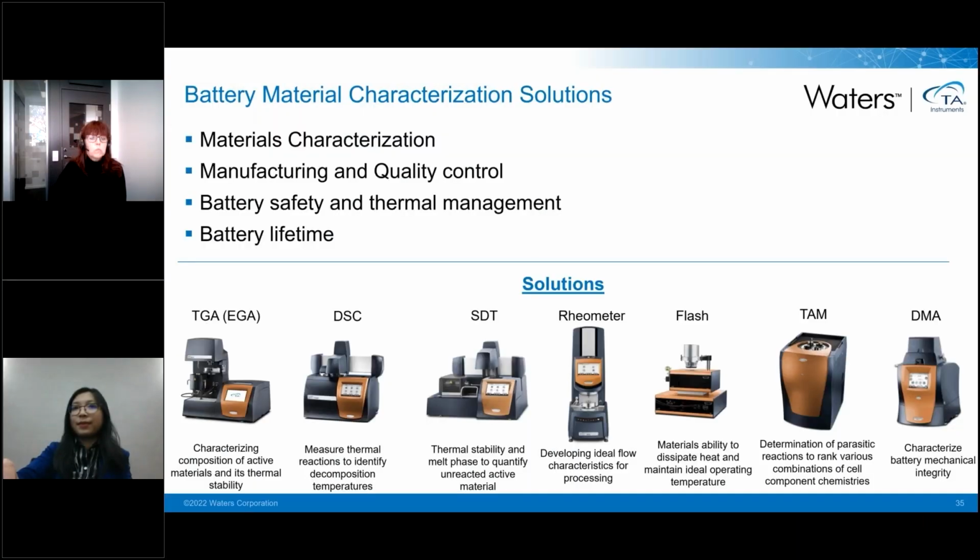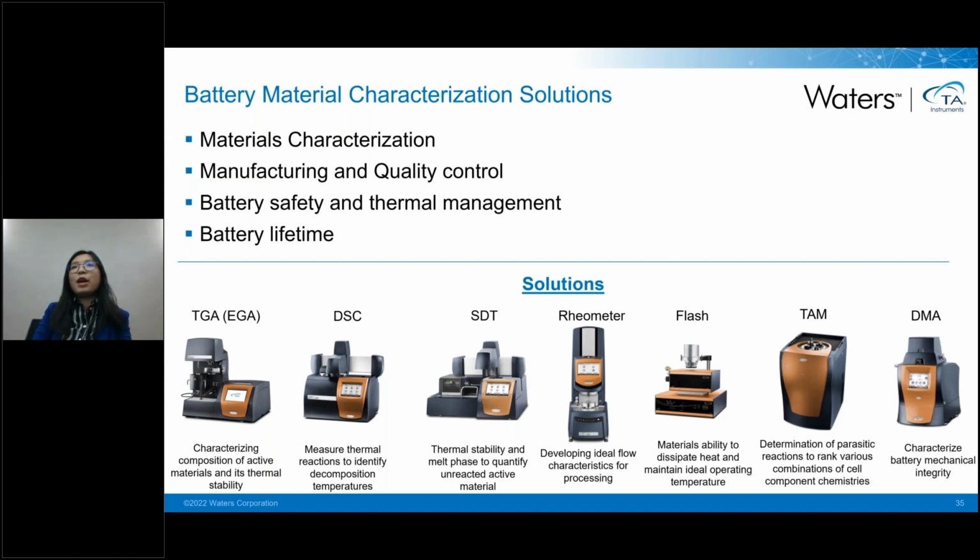Thank you, Marlene. So hopefully we've given a brief overview of the battery material characterization solutions offered by TA Instruments. And I hope we have shown you the different active materials, such as cathode, anode, separator, and electrolyte characterization, using our TA Instruments.